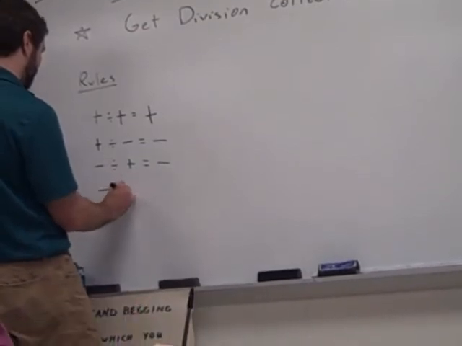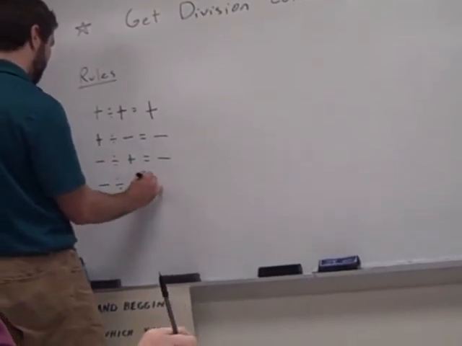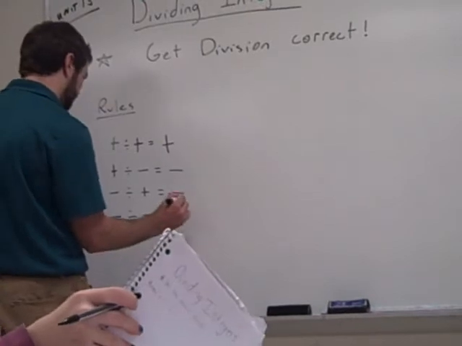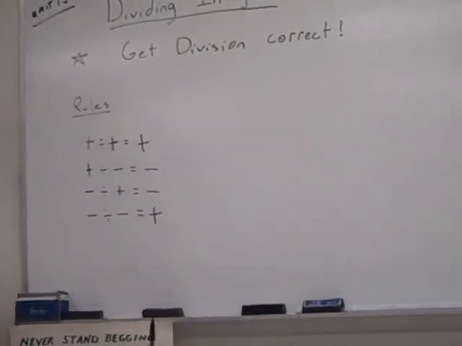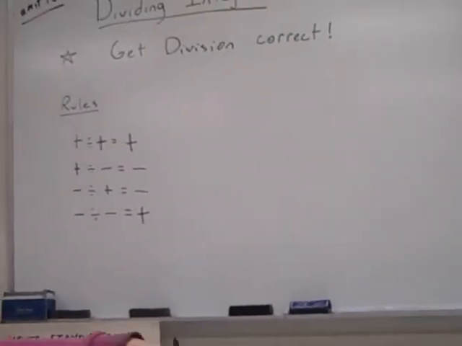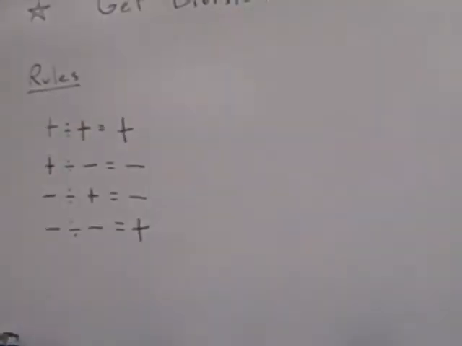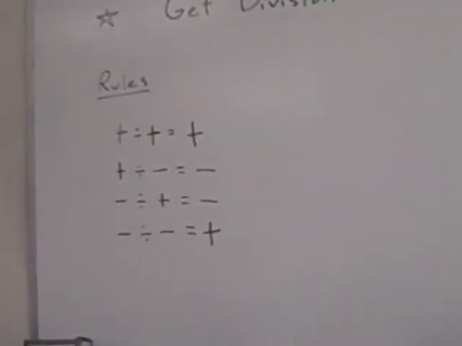Positive. So anytime you have two of the same sign, it's always positive. Anytime they're different signs, negative. That's pretty much all you have to remember other than how to divide, which you learned in third grade.